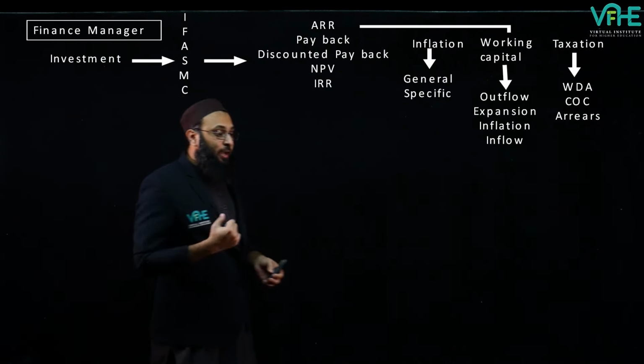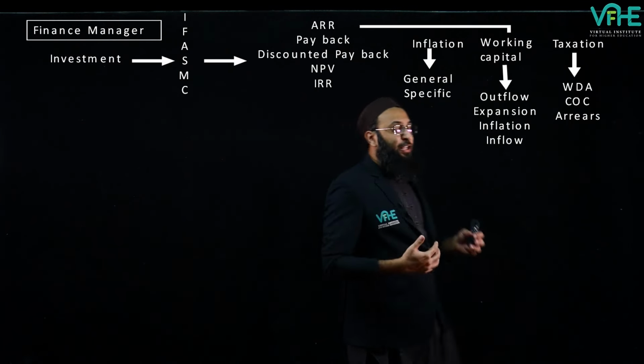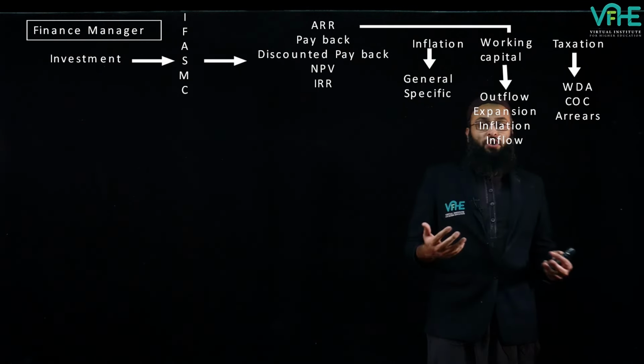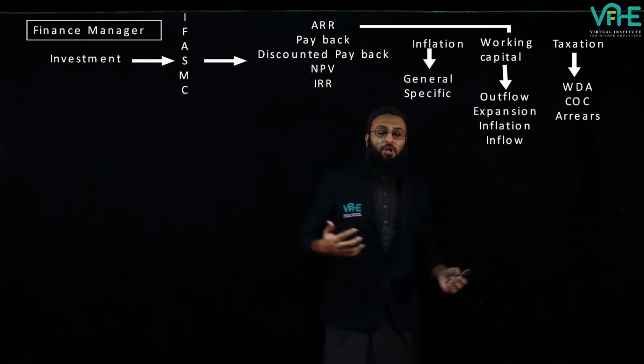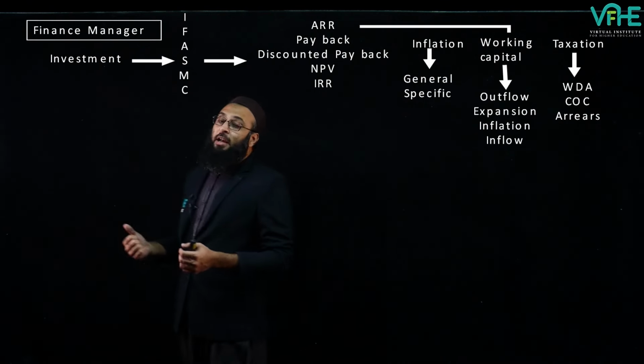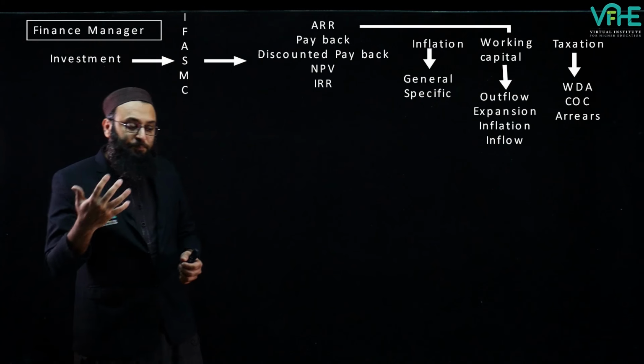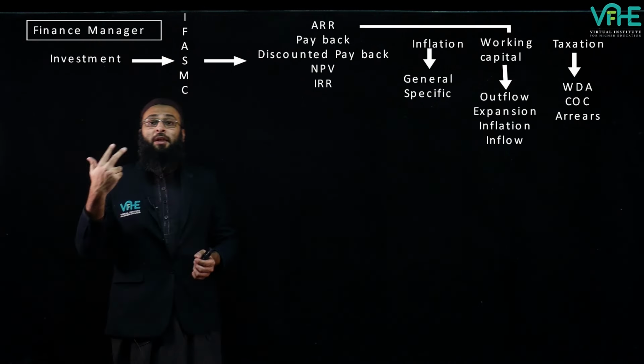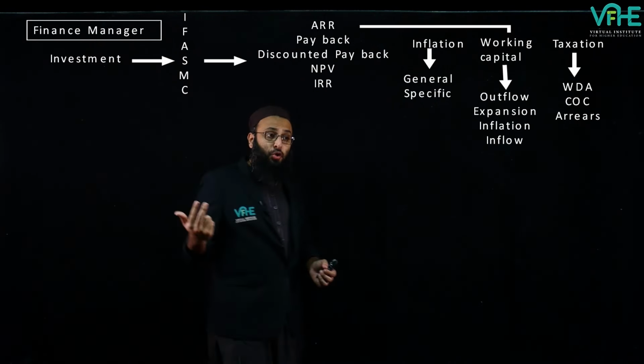The third problem of IRR is the case of a mutually exclusive project. Now you know what a mutually exclusive project is? It means that you have to take a decision on one project out of two, okay?